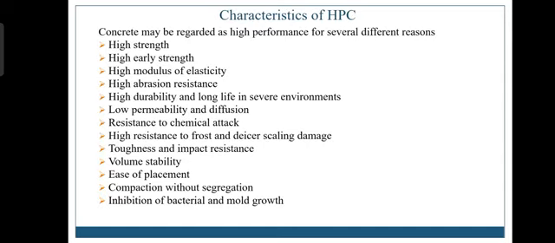Let's see the characteristics of HPC. High performance concrete can be used in high-rise buildings and bridges because of the following properties.